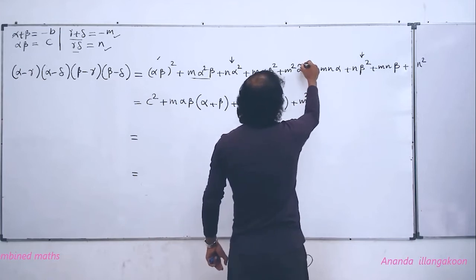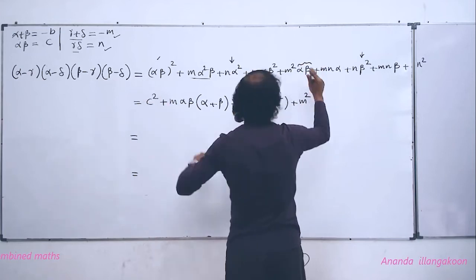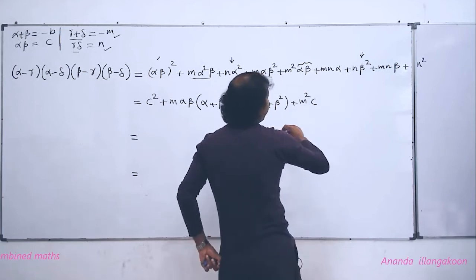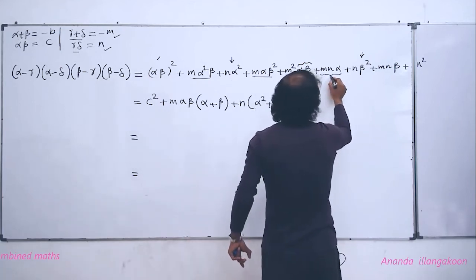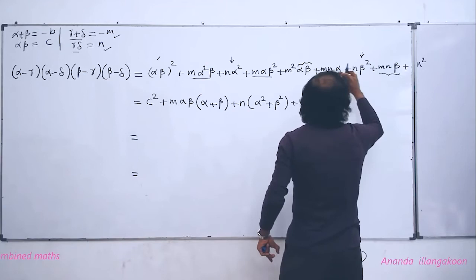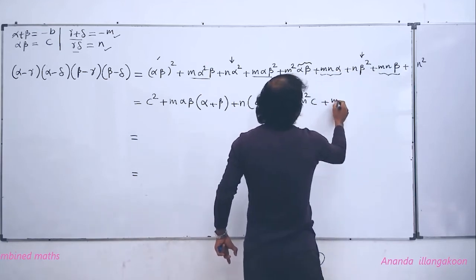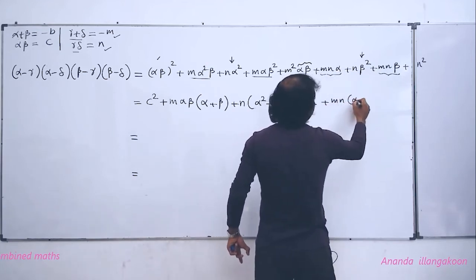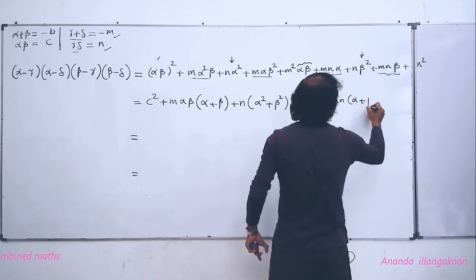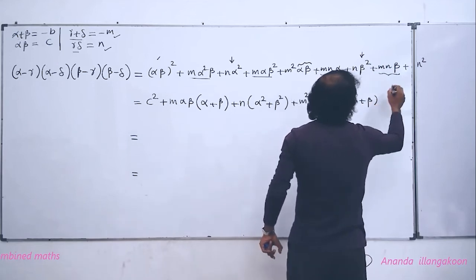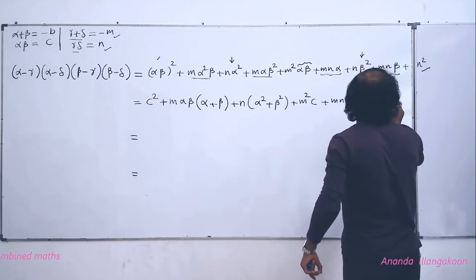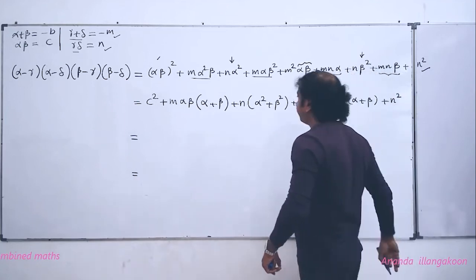This alpha beta is that C. And now we'll take this term and this term. For these 2 terms, people, m n product is common. We get alpha here plus beta. And this one is the last n squared.